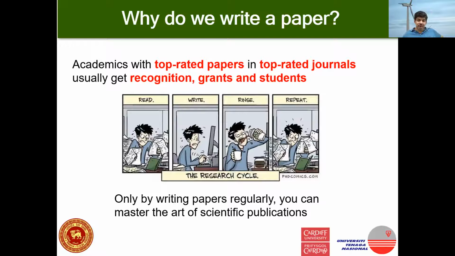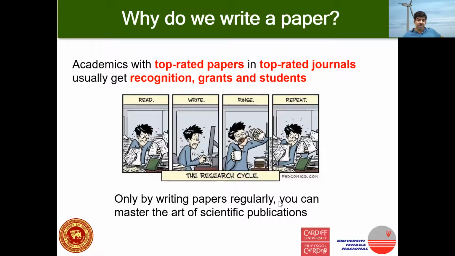And this simple cartoon from PhD Comics shows your research cycle. You read, you write, you rinse, and you repeat. So that's basically what you are doing. But remember, by the time you finish writing, you will realize that somebody else has written your idea. Then, of course, you need to repeat the cycle from scratch, and that is why it says rinse.